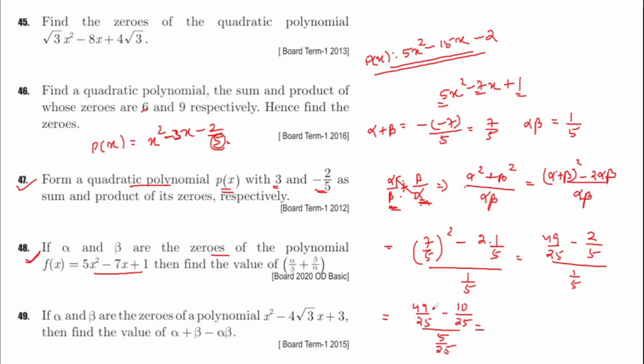Okay, now if you solve the numerator only, you will get 49 minus 10, that is 39 by 25, and here you will get 5 by 25. Now if you simplify this, this will give you 39 by 25 multiplied by the reciprocal, that is 25 by 5. Now here 25 will get cancelled, and the answer is 39 by 5. Okay, so I hope this is clear.